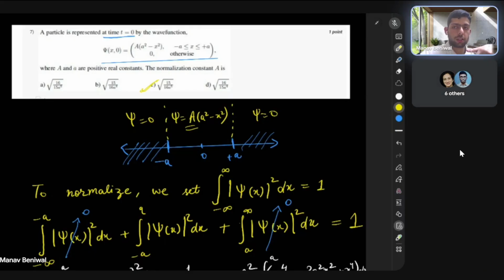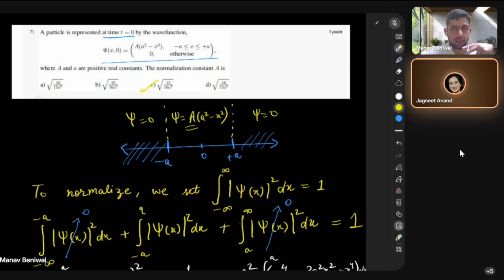So if you want to know how it evolves with time, we first have to solve the time independent Schrodinger equation to find out the energy eigenvalues.